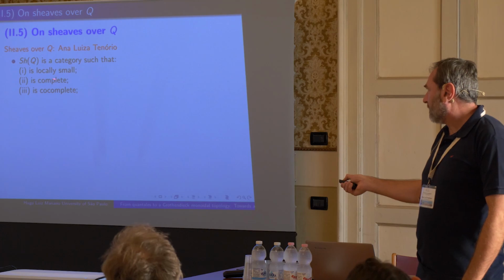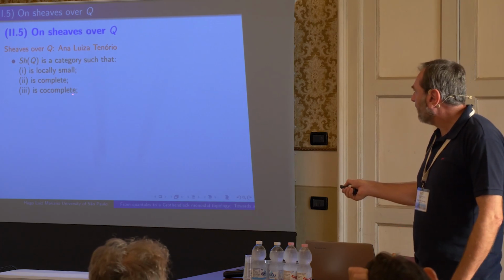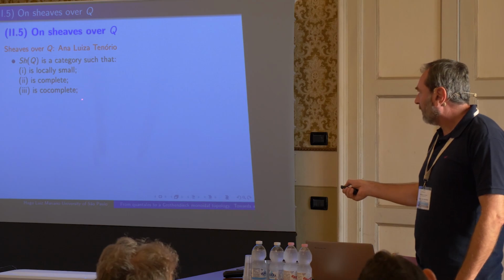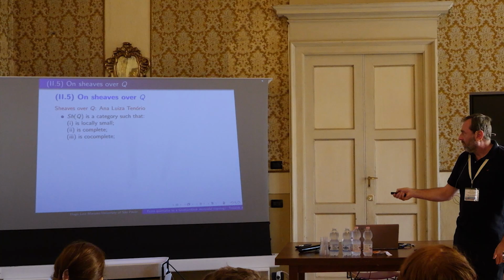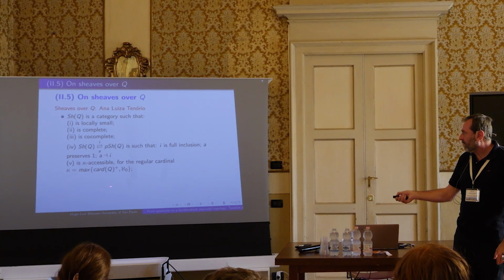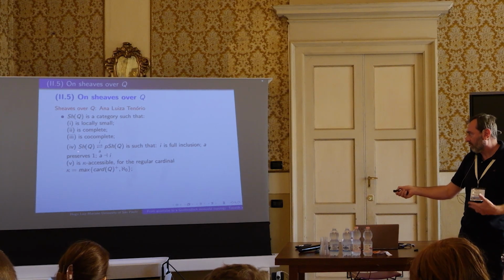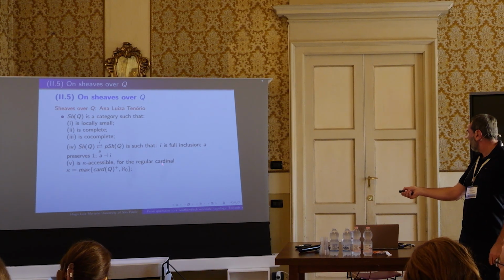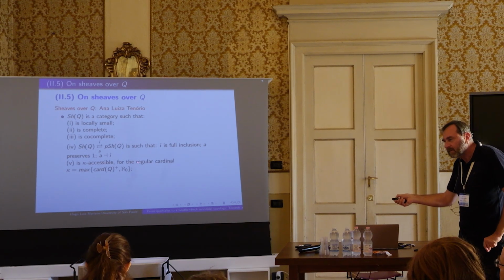This category is locally small, it's complete. It's very easy to see this. It's not at all easy to see that it's a cocomplete category. In fact, this depends on this reflection property, if I do not run out of time.